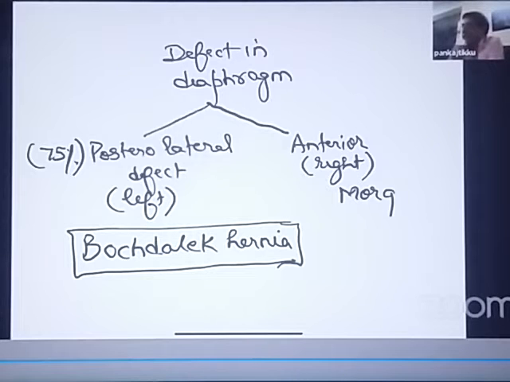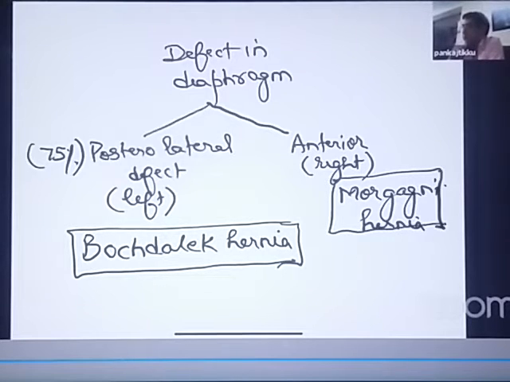That is why this type of hernia is also known as Morgagni hernia. So about 22% of diaphragmatic hernias are Morgagni hernias. They are not posterior, they are anterior and they are present on the right side. And only about 2 to 3% are central hernias.